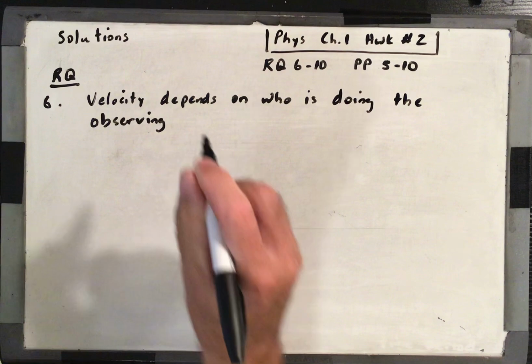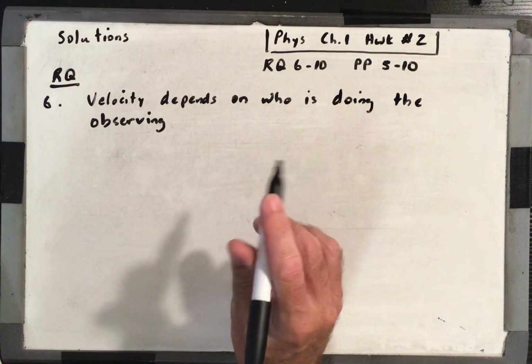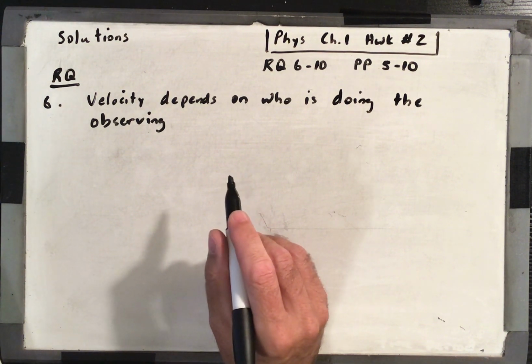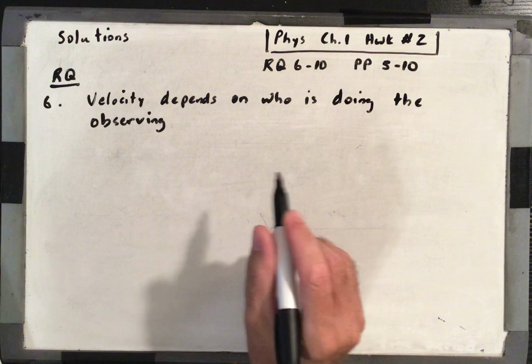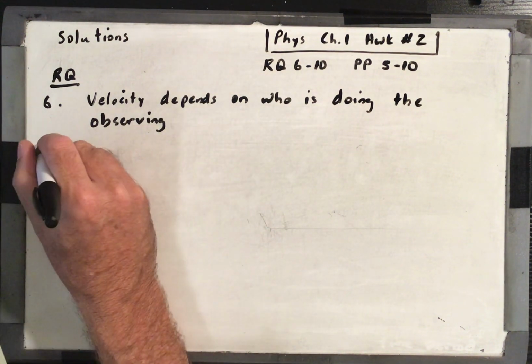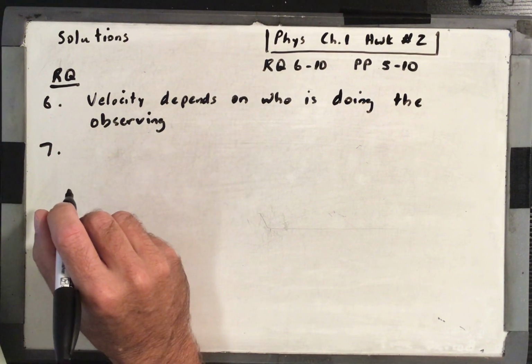So again, if you're traveling right next to someone on the highway and they're going the same speed as you, it'll look like they're going 0 miles an hour. But if they're coming the other direction at you, it'll look like they're coming a lot faster than what their speedometer would say.